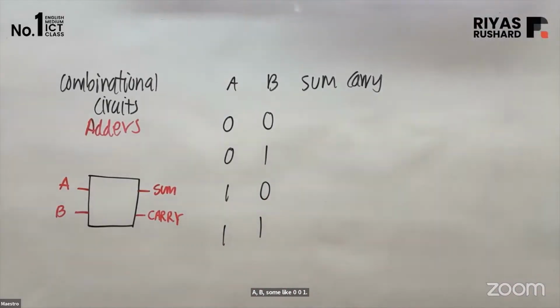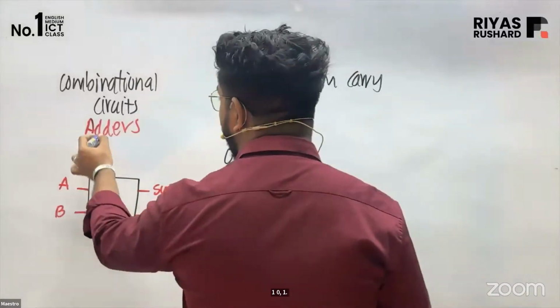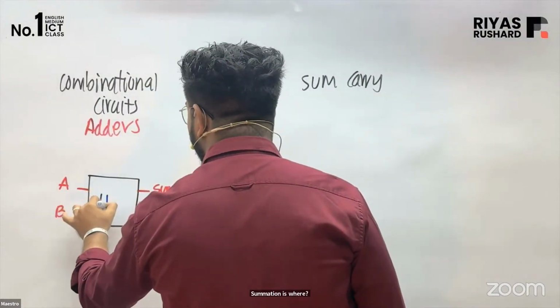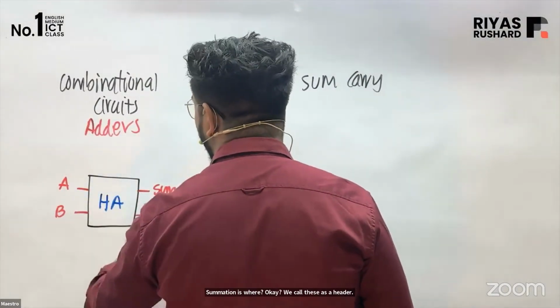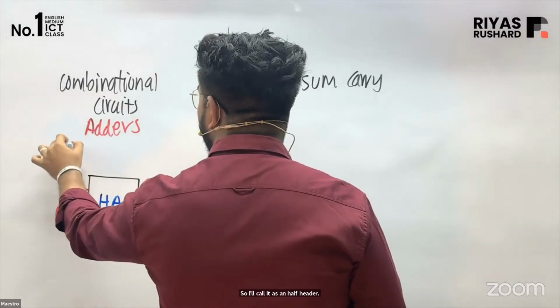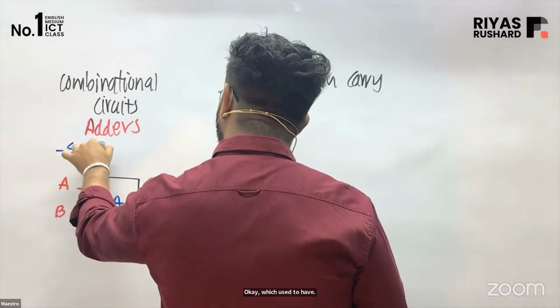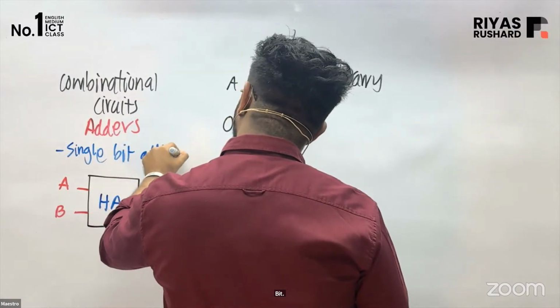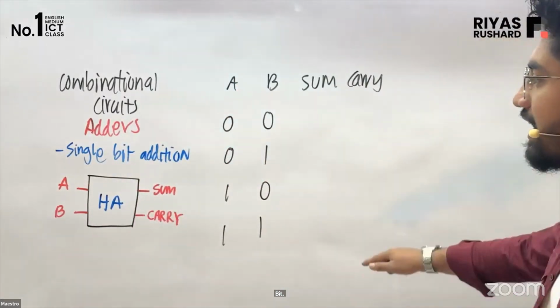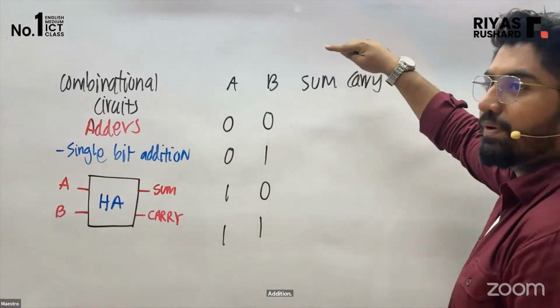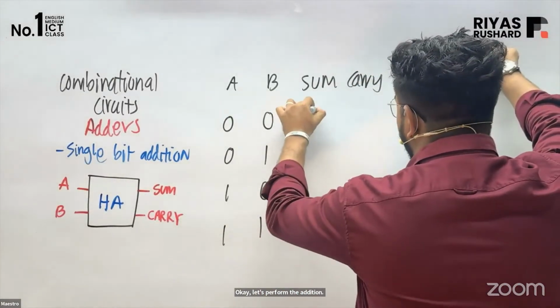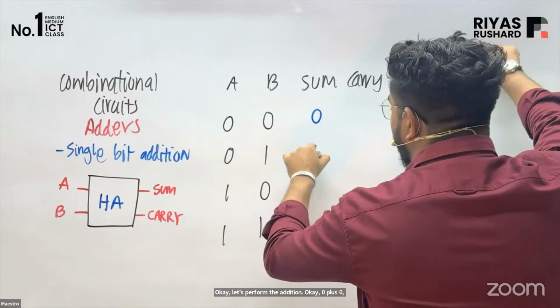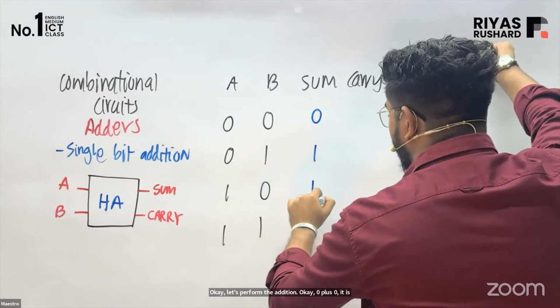We call this a half adder, which is used for single bit addition. Okay, let's perform the addition. 0 plus 0 is 0. 0 plus 1 is 1. 1 plus 0 is 1.